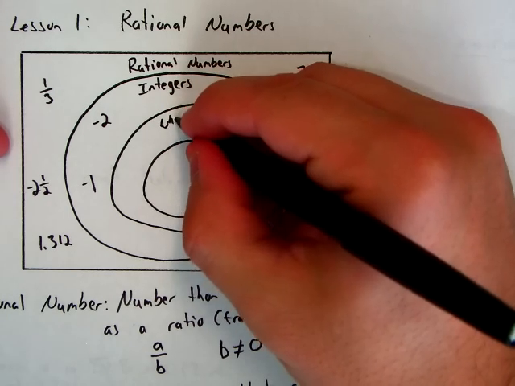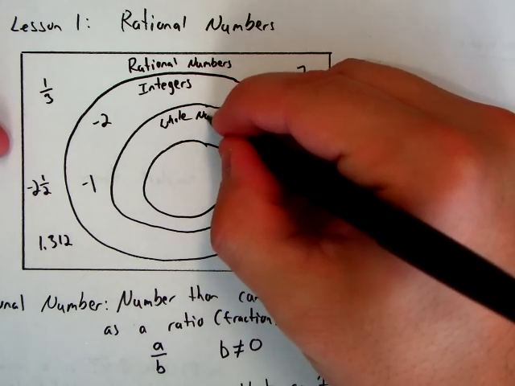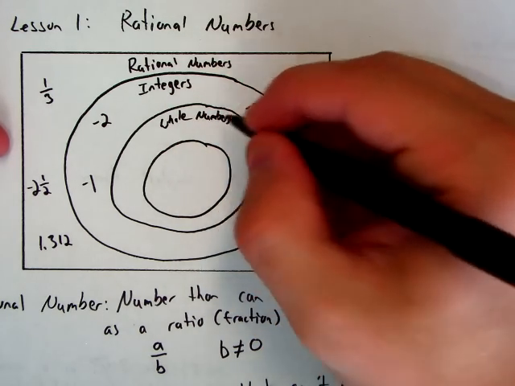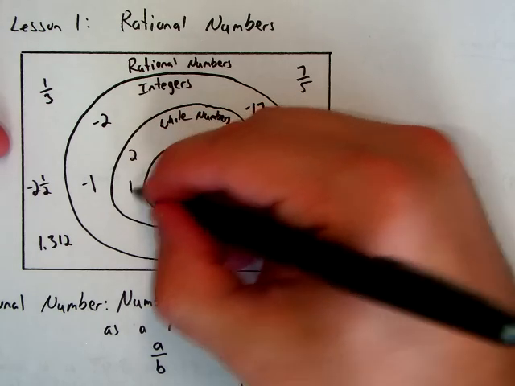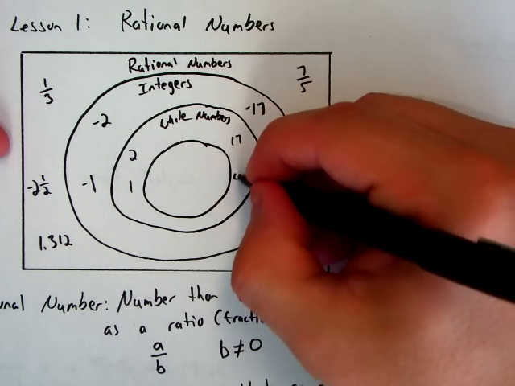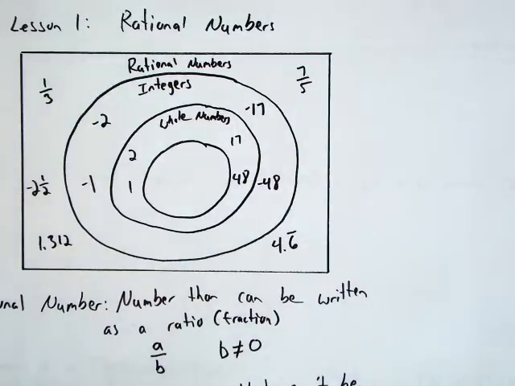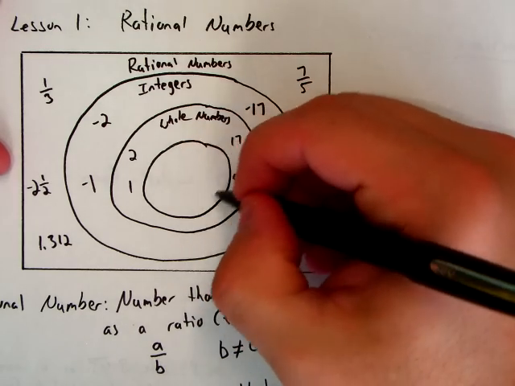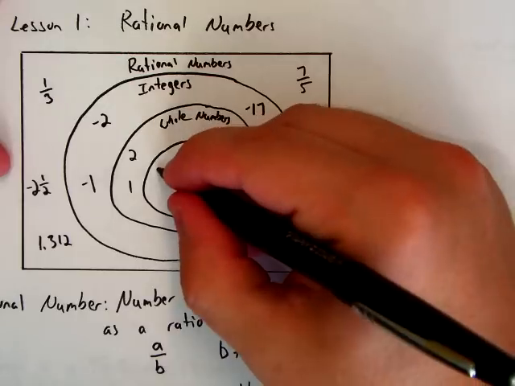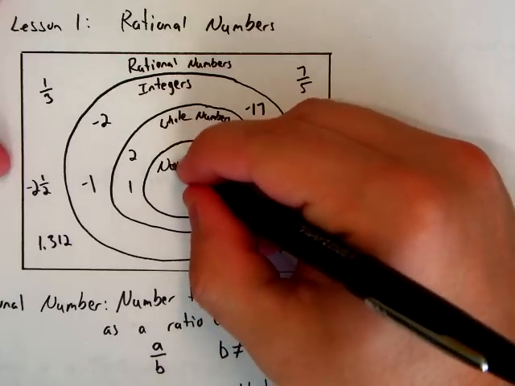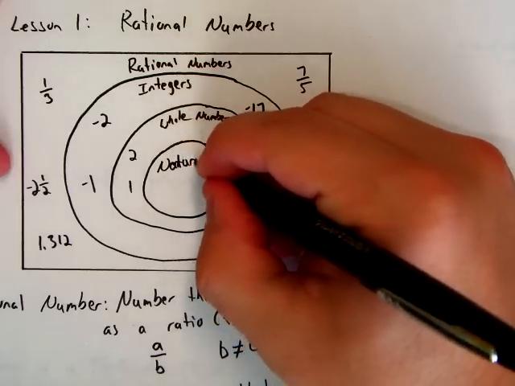So this next circle would be the whole numbers. And that'd be positive numbers that aren't decimals or fractions. And then this innermost circle, these are called natural numbers.